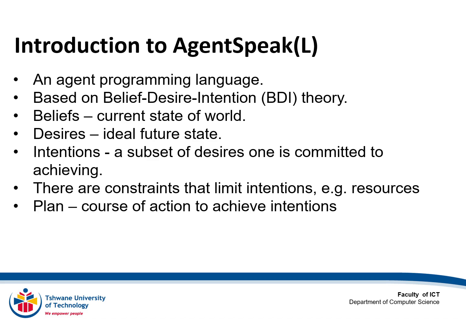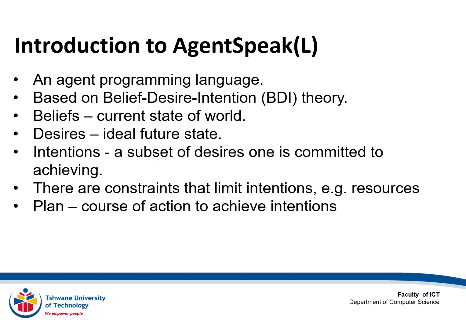Now there are constraints that limit intentions, for example resource constraints. In real life, you might want to own a private jet, but resources are not allowing you. You could, for instance, not have the money to afford that private jet, or you cannot afford to have it parked somewhere because you have to pay for that space as well. Or you can't afford a pilot because you can't fly it yourself.